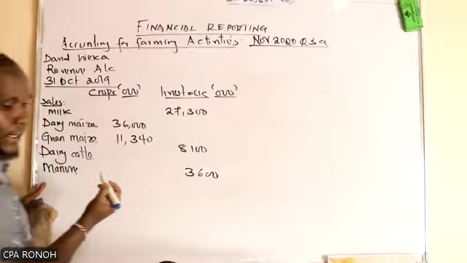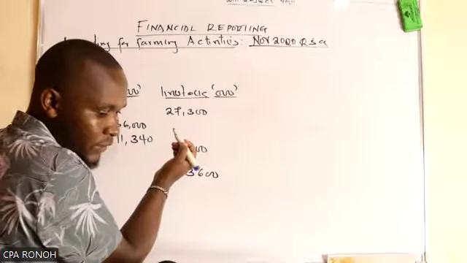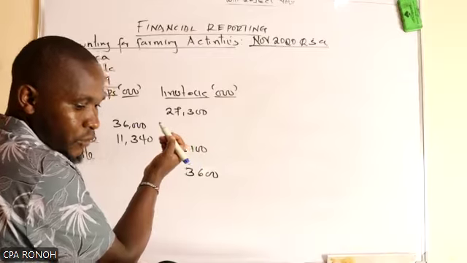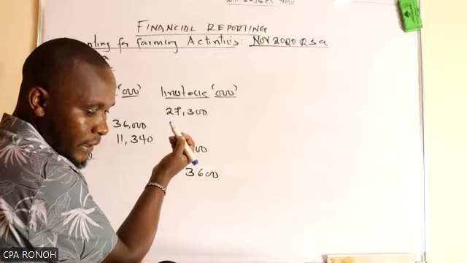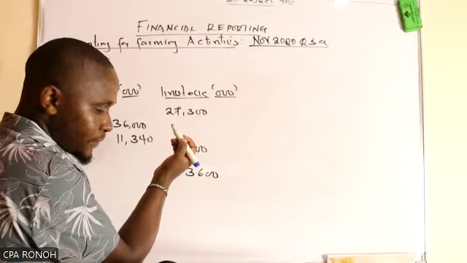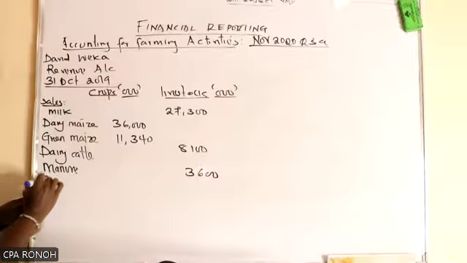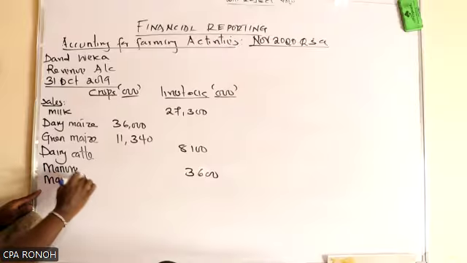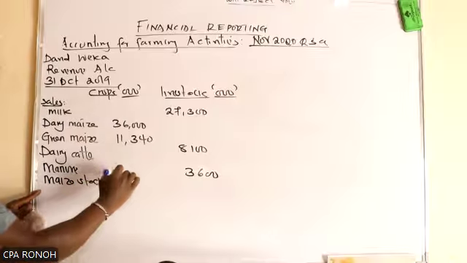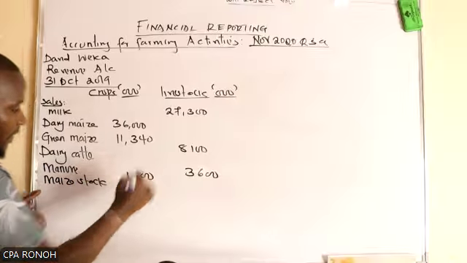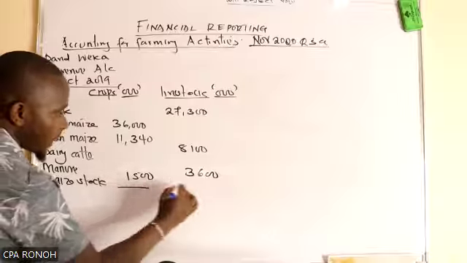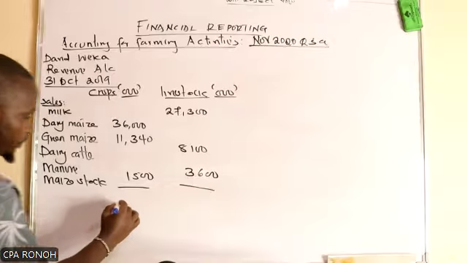And then on the other side, they took the maize stock valued 1,500 to be used in the dairy cattle feed. So we have maize stock as a revenue to the crops of 1,500. Then get the total of the revenue.